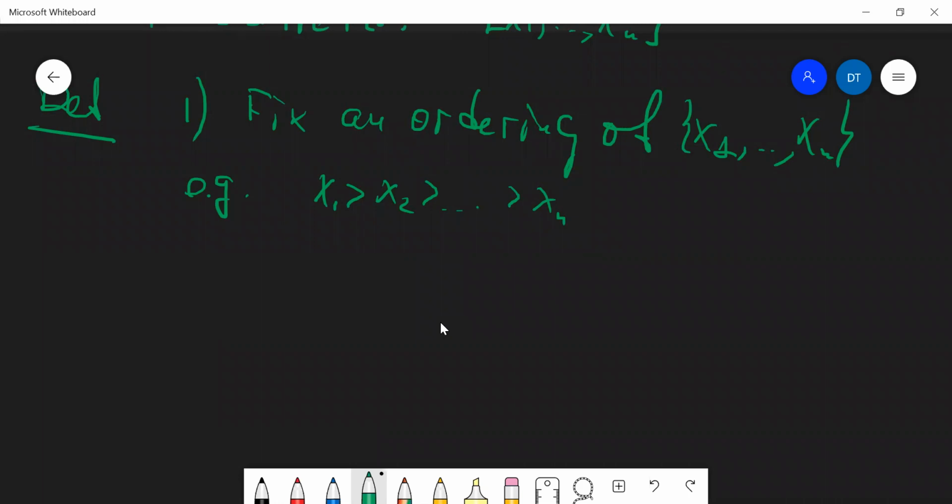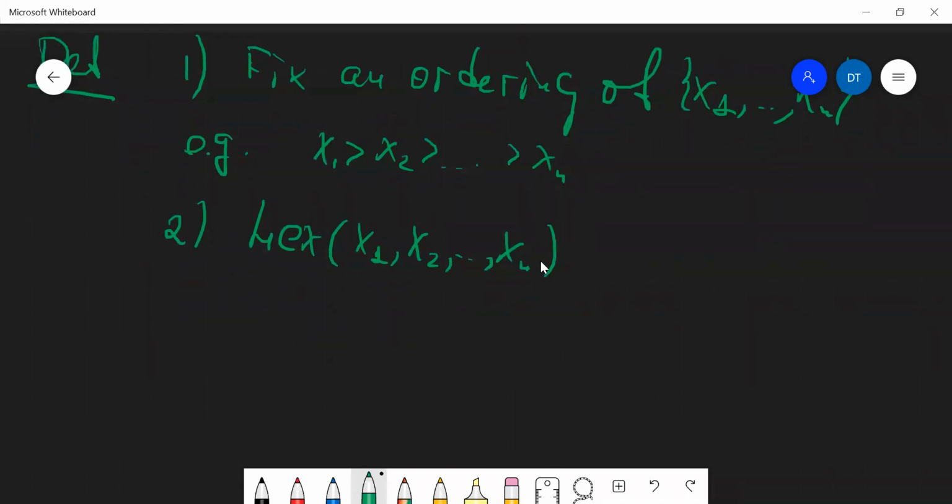Now, when we fixed an order of variables, we can define a lexicographical order. Let me denote it like this: x1, x2, etc., xn. Here the order of the variables is exactly the same as we fixed here. If I choose a different ordering here, they will appear in a different order here.